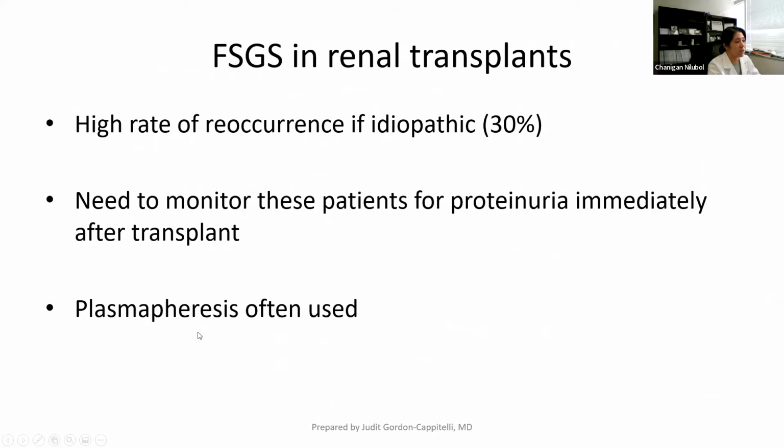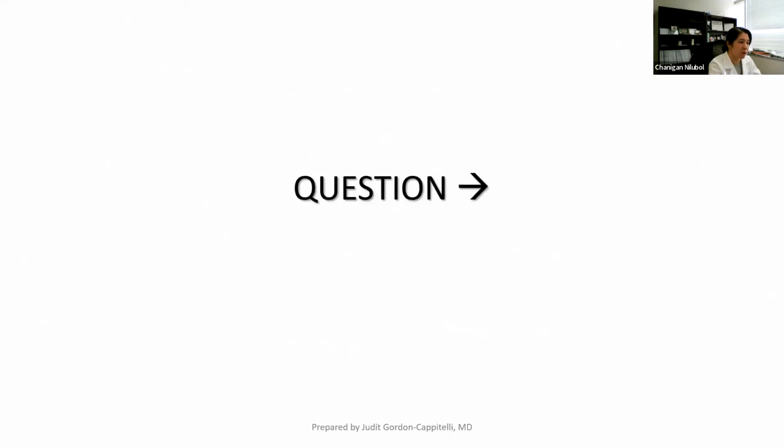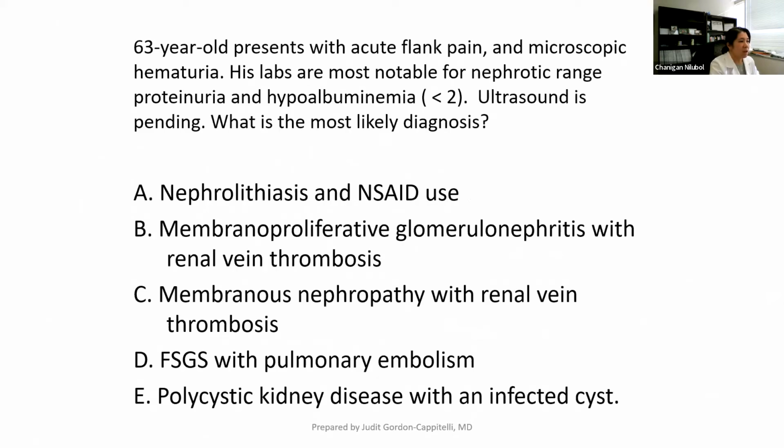Because there's a theory about suPAR, a circulating factor, plasmapheresis is often used in recurrent FSGS in kidney transplant patients. Hopefully at some point, if we can define all this with genetic testing in a lot of these patients, it might help more with the treatment for patients with FSGS. So let's move on to the next patient.